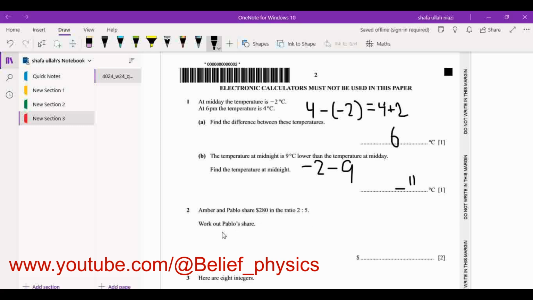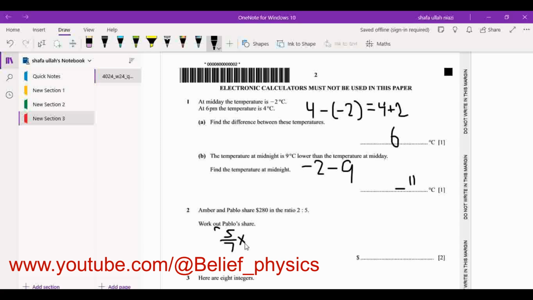Next: Amber and Pablo share $280 in the ratio 2:5. Work out Pablo's share. Here 2 plus 5, so the sum of the ratio is 7. Pablo's share is 5/7, because the sum of ratios is 7.